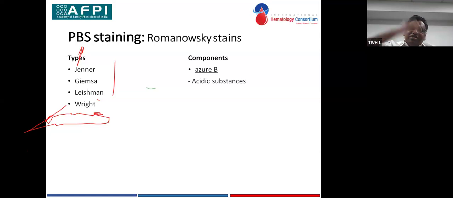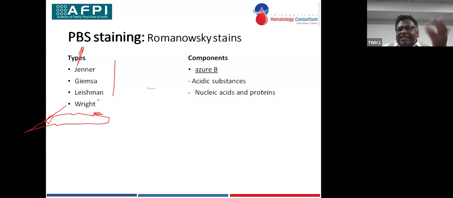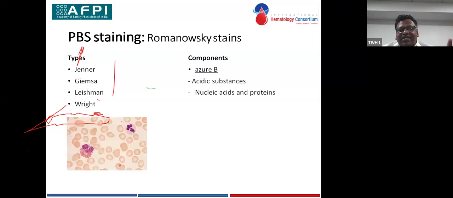Azure B, when you stain the smear, the Azure B chemical will go and bind to acidic substances, and it will make them look bluish and purplish. So nucleic acid, DNA, RNA, proteins, right? It binds to that, and then that looks purple.